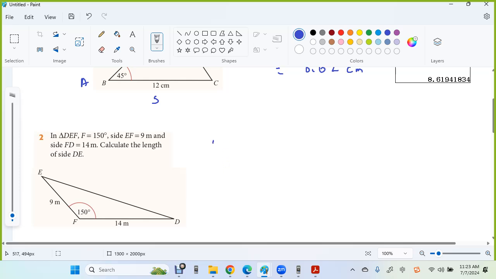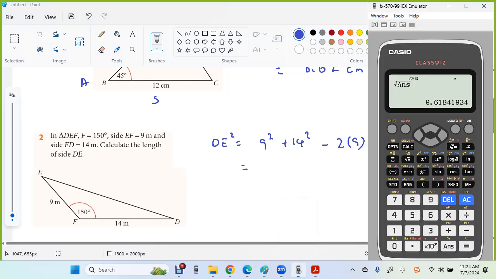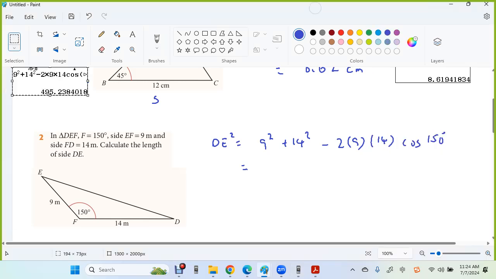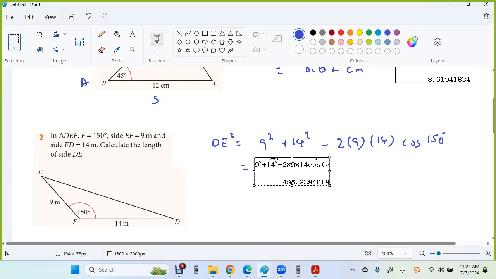So DE squared will be 9 squared plus 14 squared minus 2 times 9 times 14 cos 150. So this will be 495.